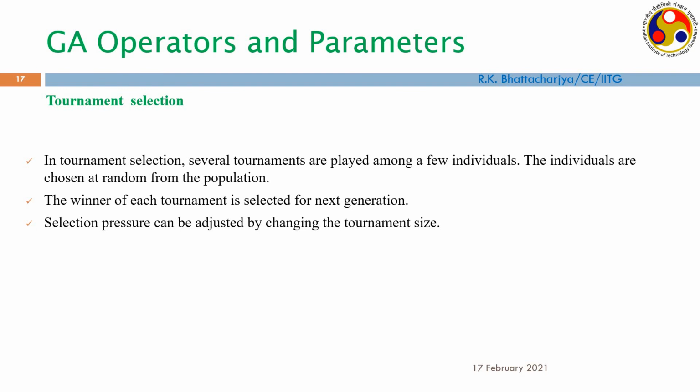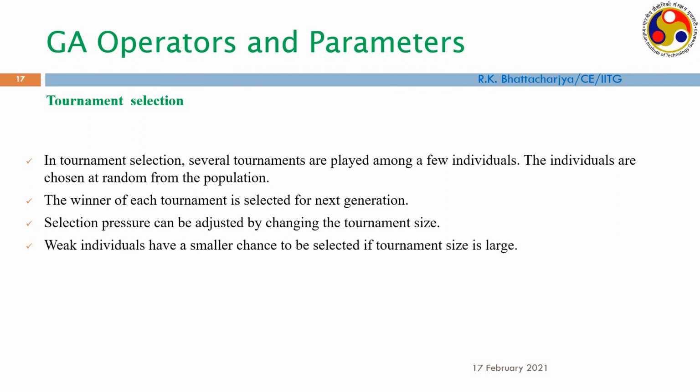Now if you put 3, 4, 5 like that, the selection pressure will increase. I will discuss what selection pressure is later. Weak individuals have a smaller chance to be selected if the tournament size is large. That is basically the selection operator.